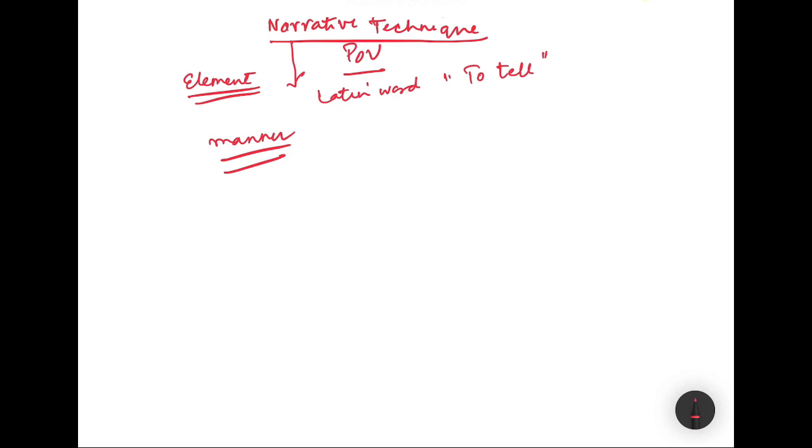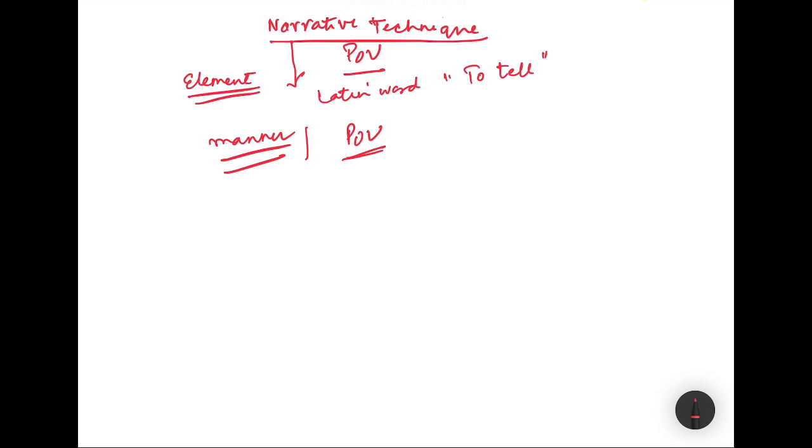And this manner of presenting the story to us is known as point of view. What is basically point of view? Point of view refers to who is telling or narrating a story.